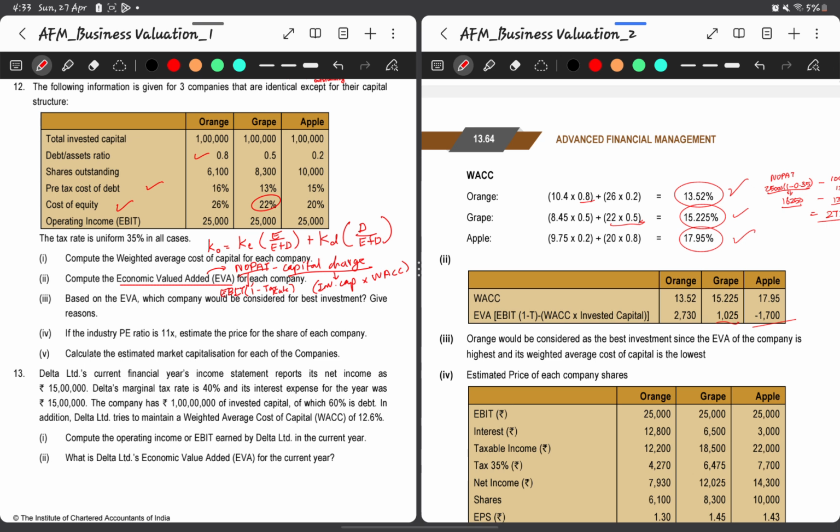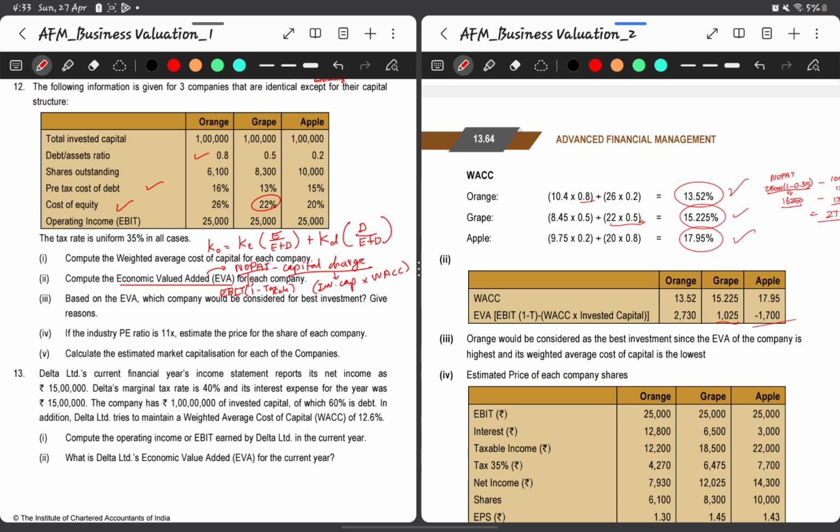So that's why economic value added is more in case of orange, and this clearly indicates that the investor's expectation is more here. The cost of equity is 26%. Considering the debt risk, the investor is expecting a risk premium, because the risk debt percentage is more. These are one of the ways of analyzing the answer.